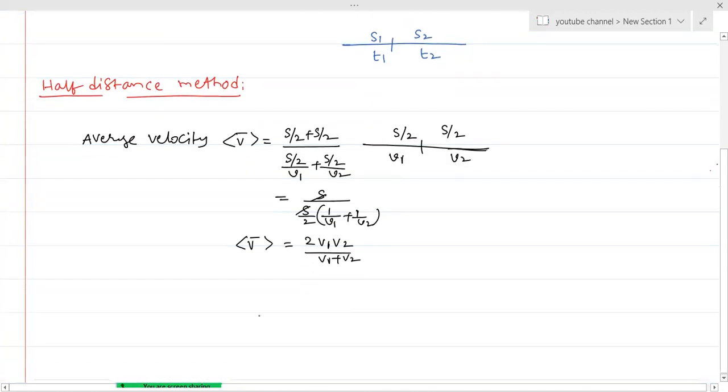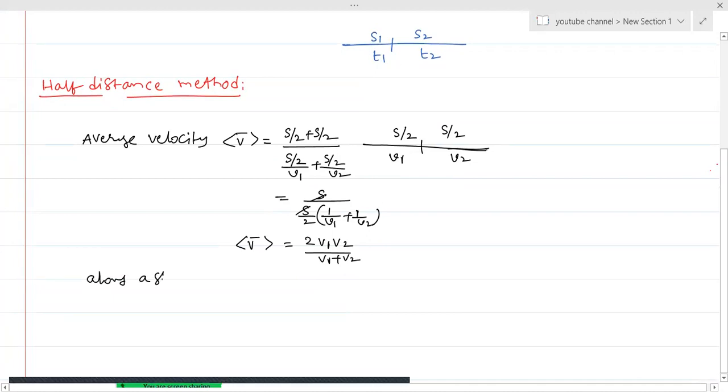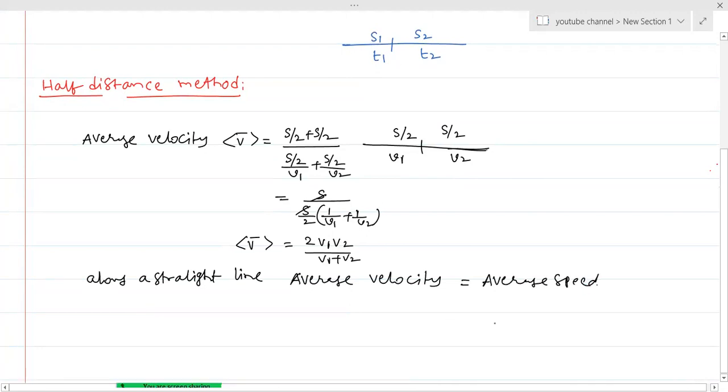Suppose we are observing a long straight line, that is horizontal motion. This is very important. Here velocity is nothing but the speed, therefore average velocity is nothing but average speed.